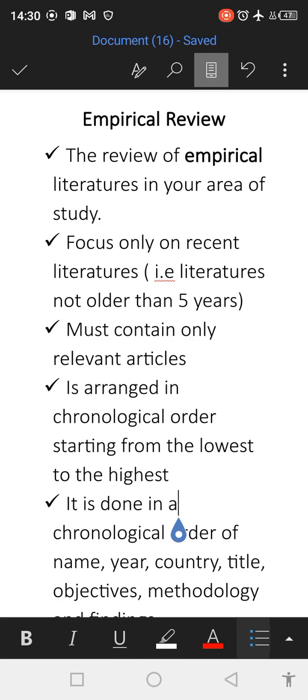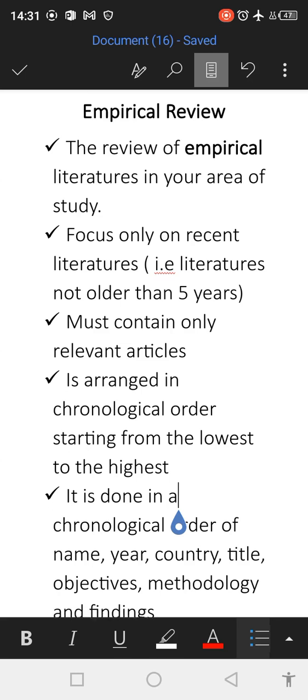I mean articles in which data was gathered, that same data was analyzed, and not just that alone, inferences were drawn from the analysis of the data, and conclusions and recommendations were made accordingly. So that's the reason why the emphasis is on empirical. So empirical review contains the review of empirical literatures alone in your area of study.